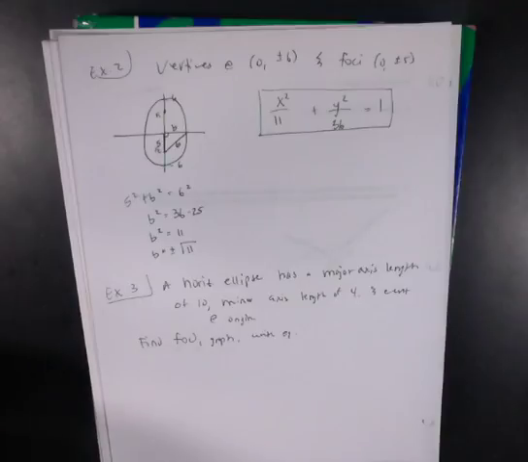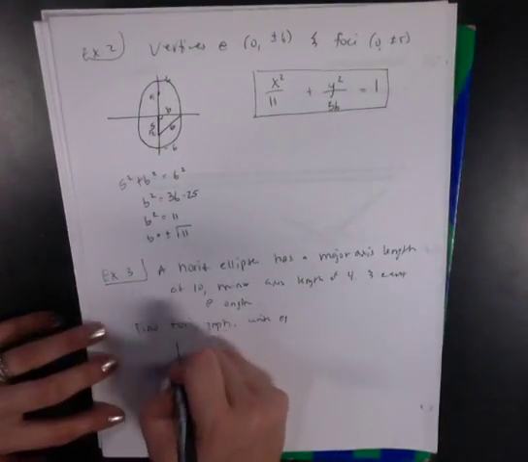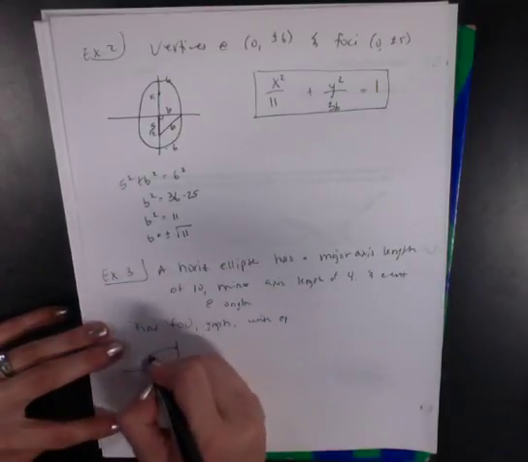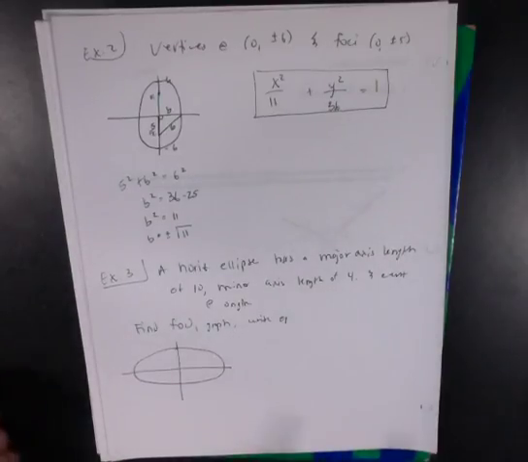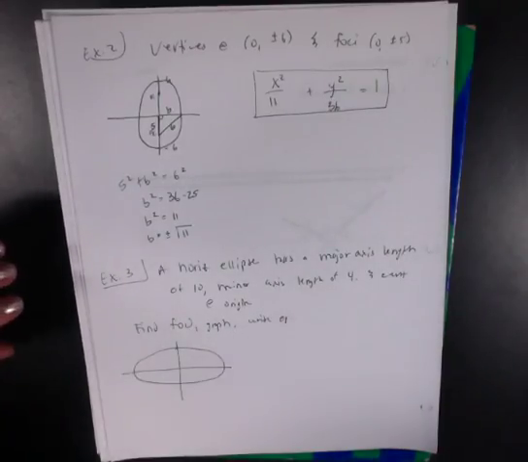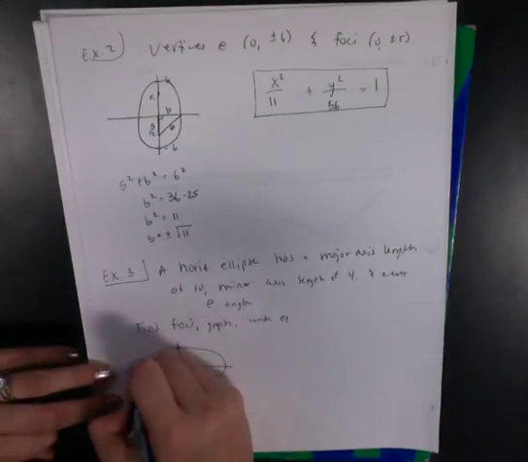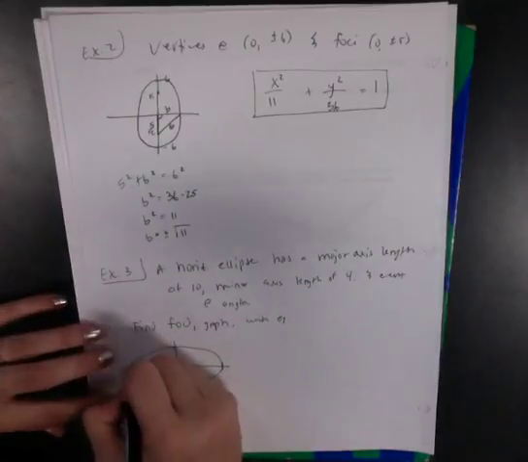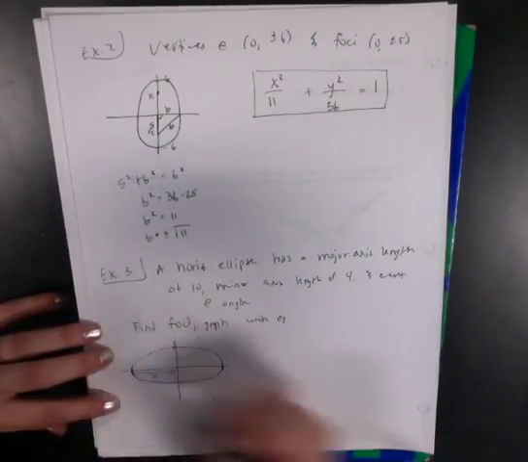Okay, so as always, we begin with a diagram. We know it's a horizontal ellipse, so I'm just going to go ahead and draw it. Now, my major axis, if we remember, is this whole thing here, which has a length of 10, which means this length here is 5.